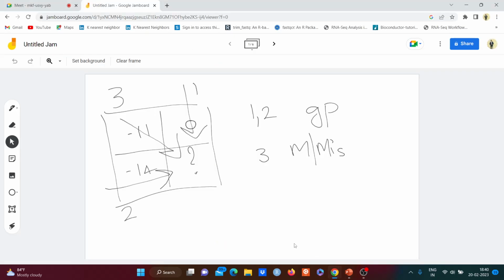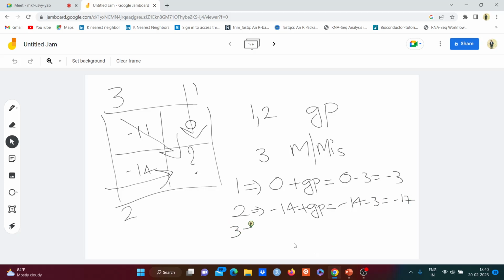Considering the gap penalty, the value from cell 1 is 0 plus gap penalty, which equals 0 minus 3, which is minus 3. Coming to cell 2, the value is minus 14 plus gap penalty, which gives minus 14 minus 3, which is minus 17.